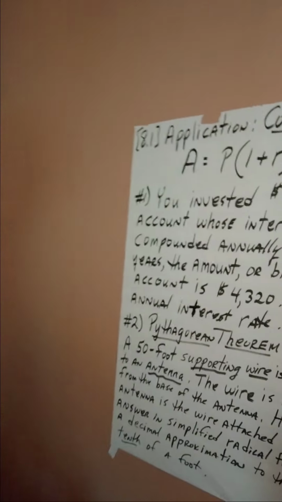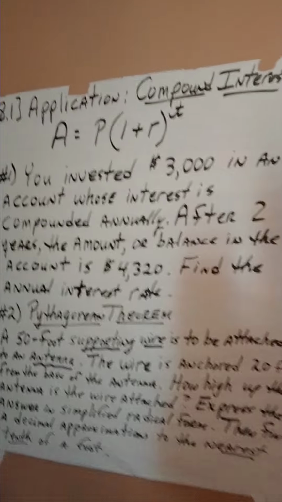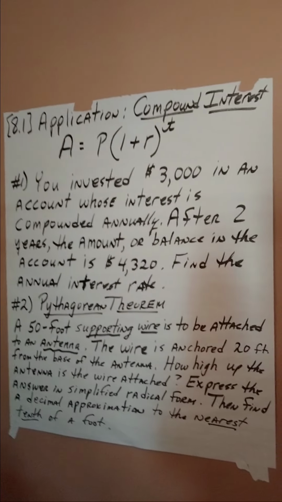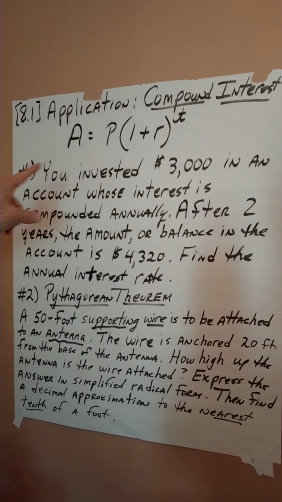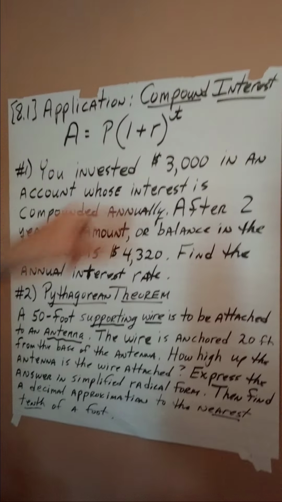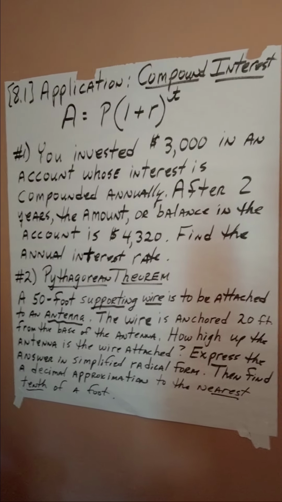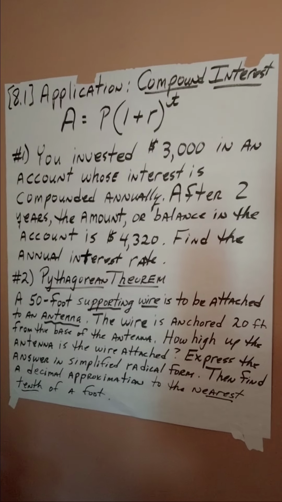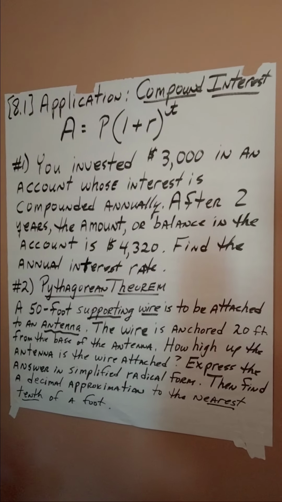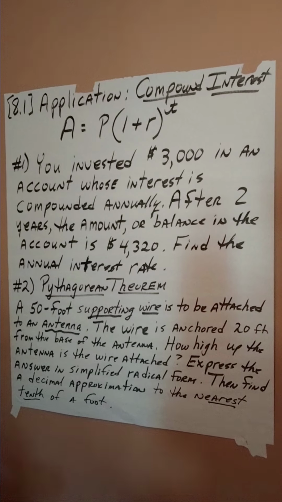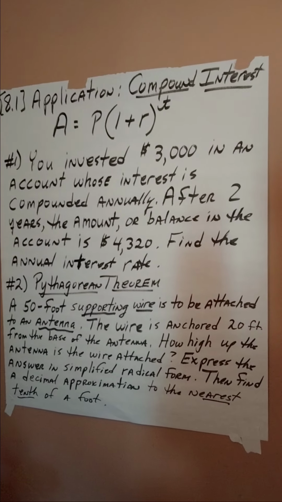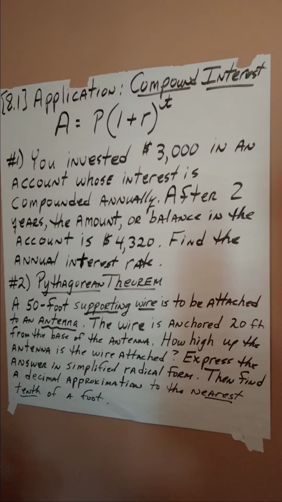So we're going to use this formula to answer the following question. And here's the question. You invested $3,000 in an account whose interest is compounded annually. The interest is going to be computed after each year.